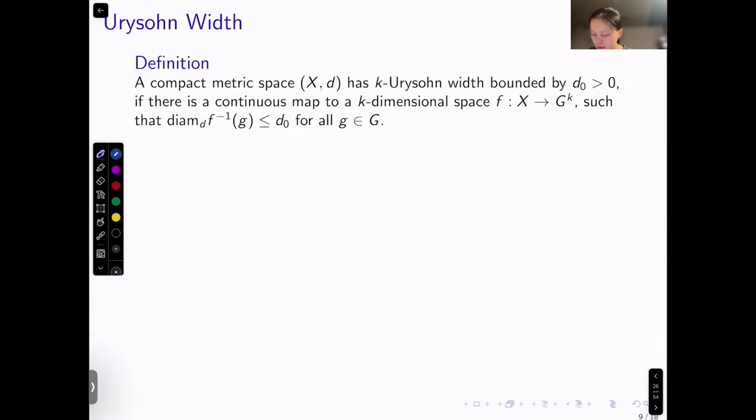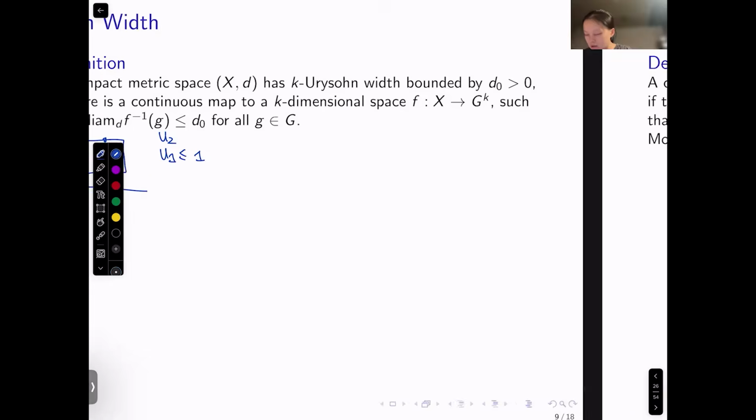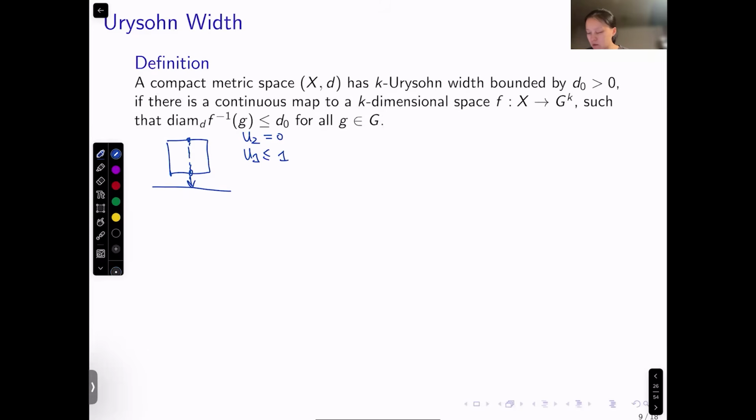So for example, if I have just a square, then I can map it to a line so that the diameter of each fiber is bounded by 1. So if I have a unit square, I know that U1 is bounded by 1. I know that I can map it to itself so that the preimage of each point is just a point. So U2 is equal to 0. And U0 is just the diameter. So we know that it's bounded by square root of 2.